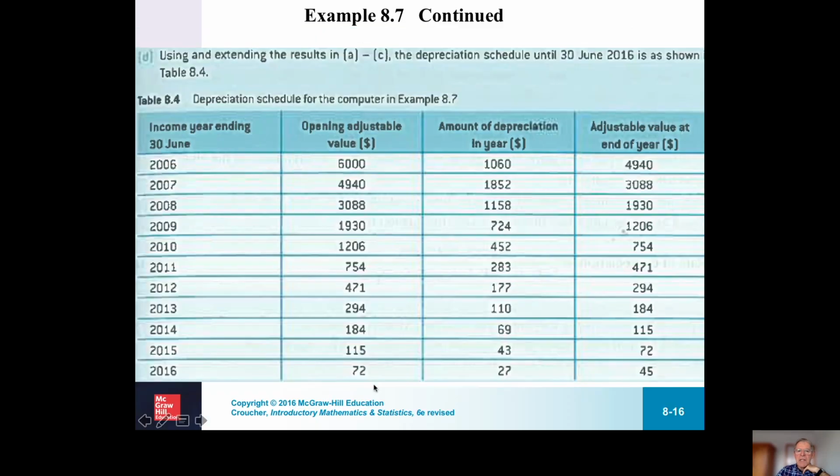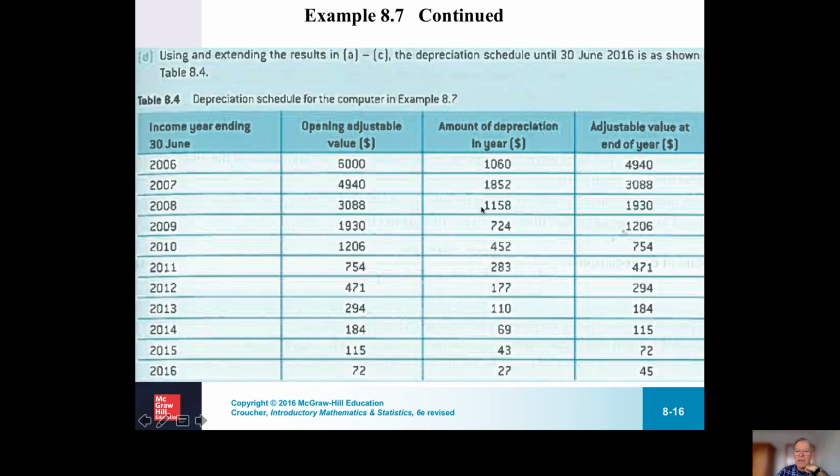But when we see it together in the schedule, it's really the diminishing value or reducing balance method, if you like. It's not straight line. It's not like a fixed lump sum amount per year. We'll see that it drops. What the tax office is suggesting is it makes sense that an asset will lose more of its value and depreciate more quickly earlier on in its life.